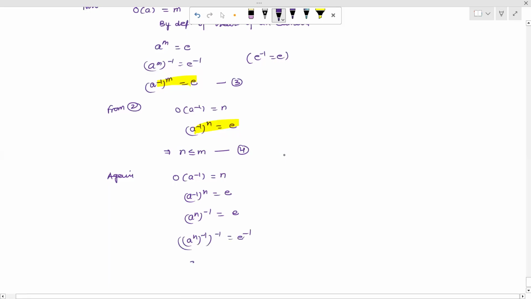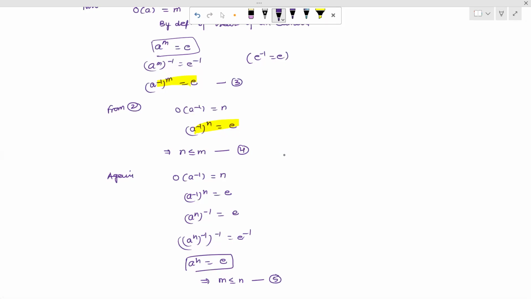Taking the inverse on both sides, A to the power N is equal to E. Here A raised to the power M equals E, and here A raised to the power N equals E. So we can say that M is less than or equal to N.